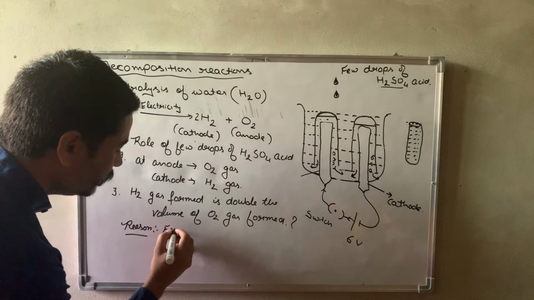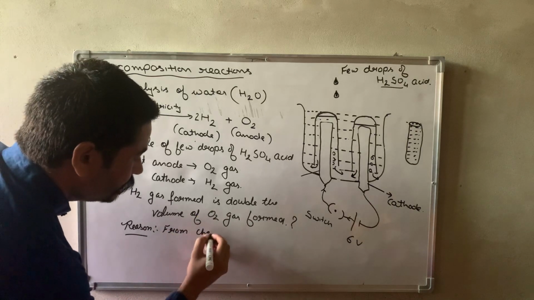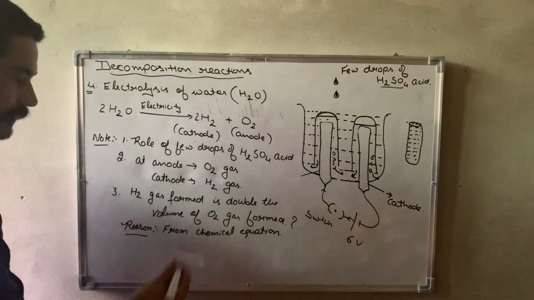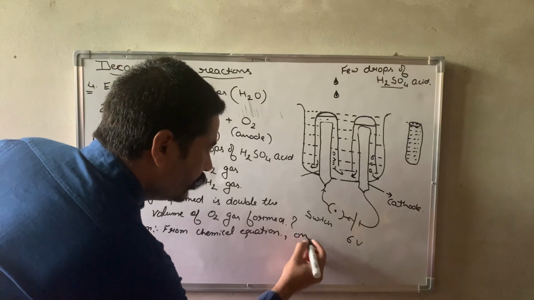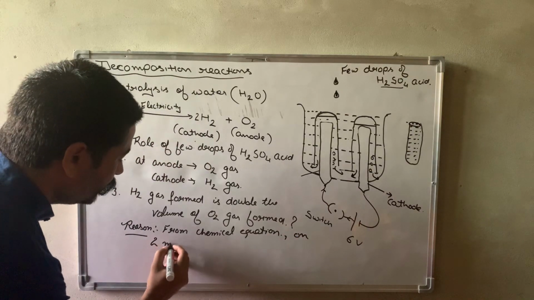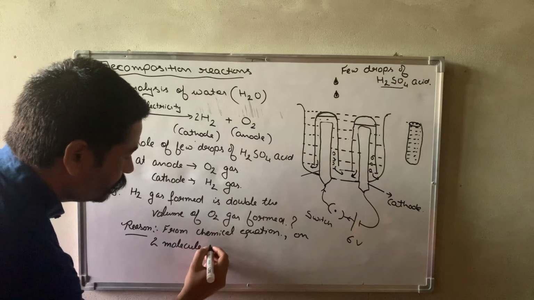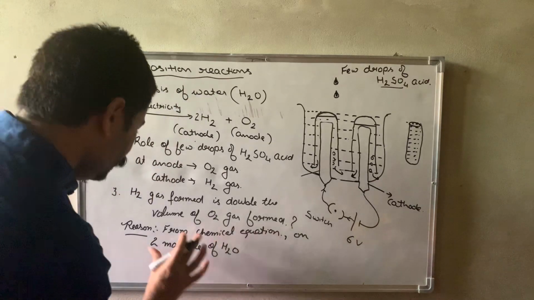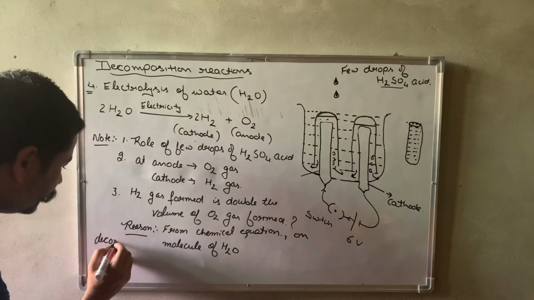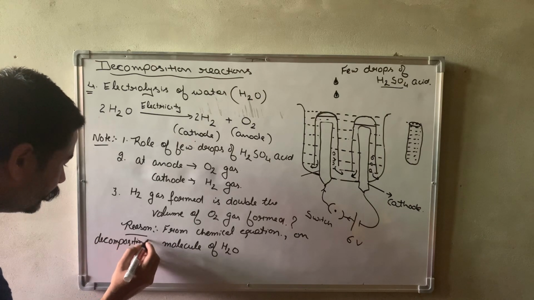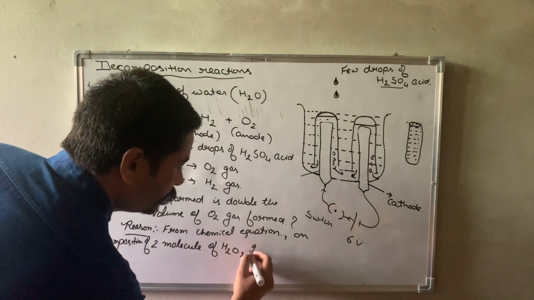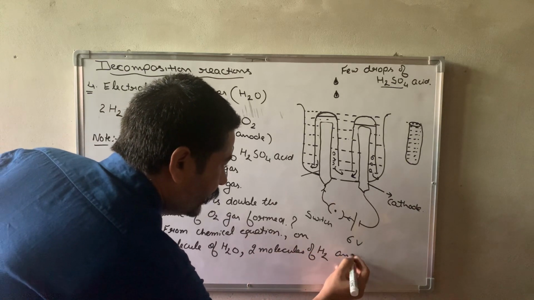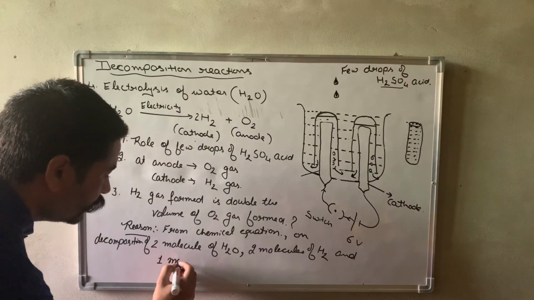So the reason, from the chemical equation, it is confirmed, it is clear that on decomposition of 2 molecules of water, 2 molecules of hydrogen and 1 molecule of oxygen gas is formed.